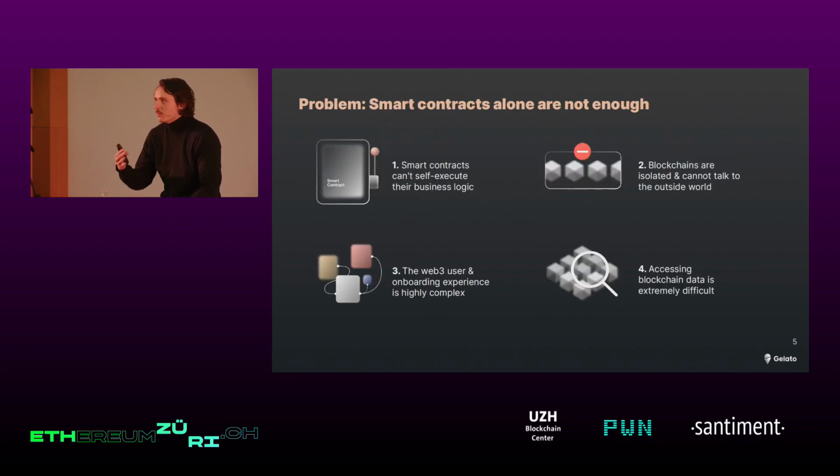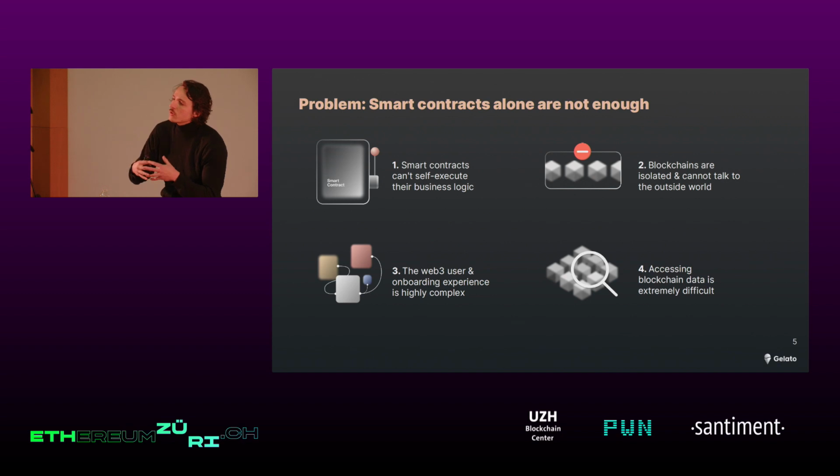And there are several problems with smart contracts, or not problems, but limitations, that make it so that you need a bunch of other things to build really scalable, sophisticated, and user-friendly Web3 applications. The first one that we realized with Gelato very early on is that smart contracts are actually not that smart. They're quite dumb.